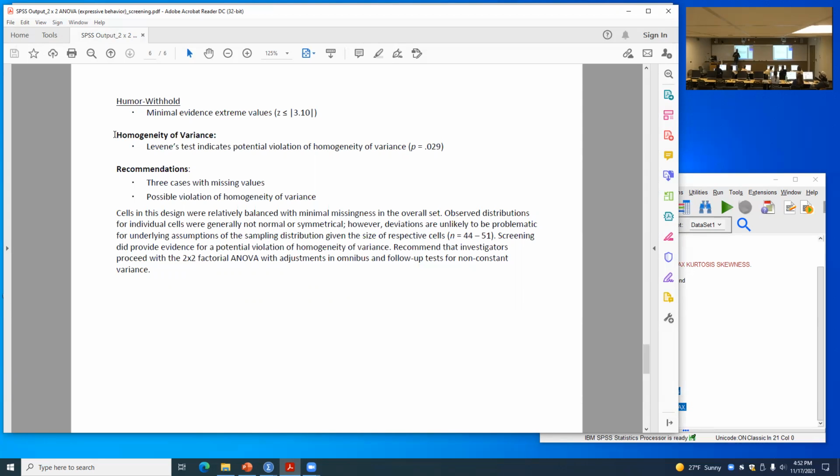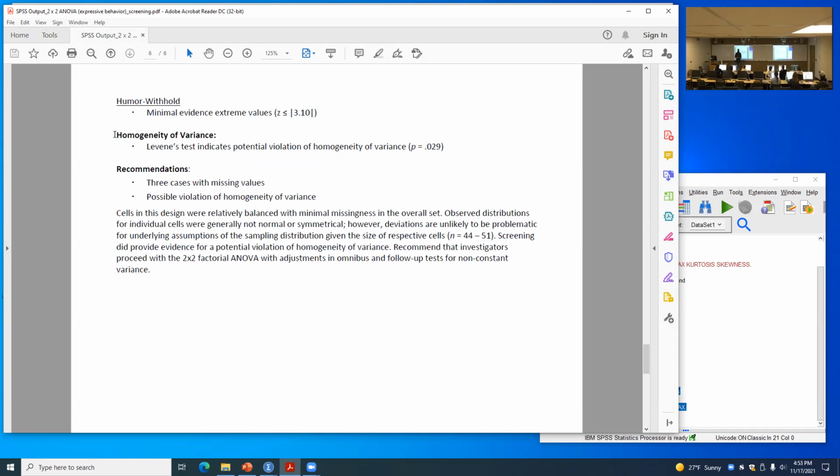I read a paper that has been out for a while, talking about the assumptions that we've discussed, the robustness of some of these tests, and some questions about the extent to which that is true or not. So we'll look at the omnibus test for this in a couple of different ways, with our standard estimation and then also with robust estimation, and see if we catch any differences, okay?